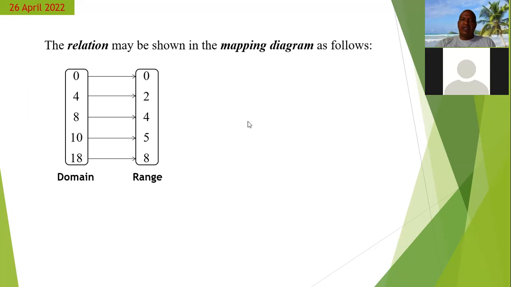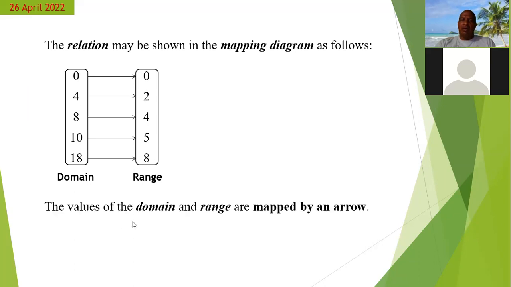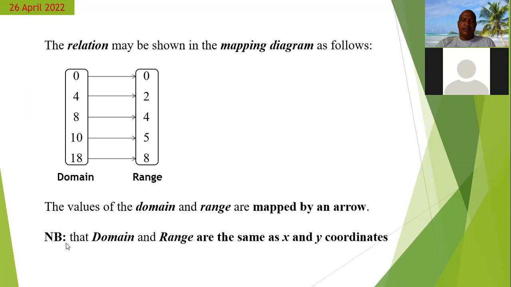So based on the relation that we have just established, we are putting in the X values, we're getting back out the Y values, which would be the set of values in the range. Now, the values of the domain and range are mapped by arrows, right? Note, the domain and range are the same as the X and Y coordinates.